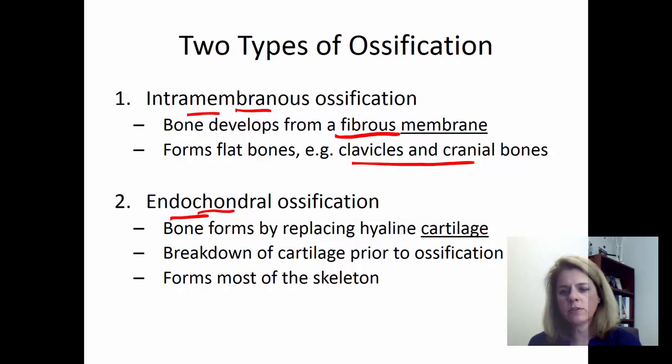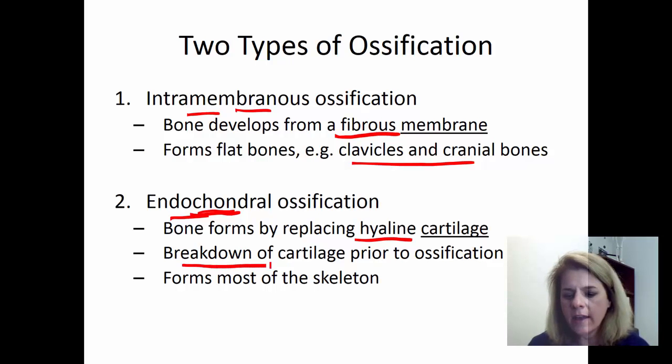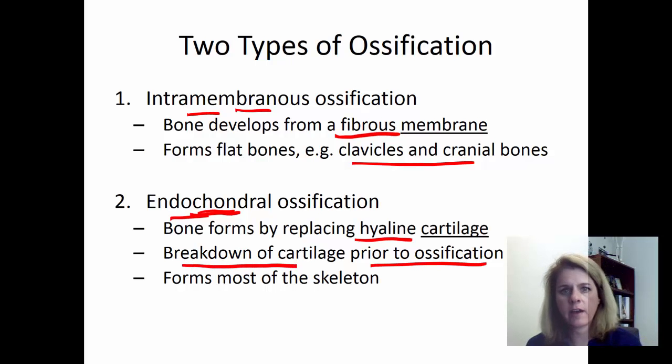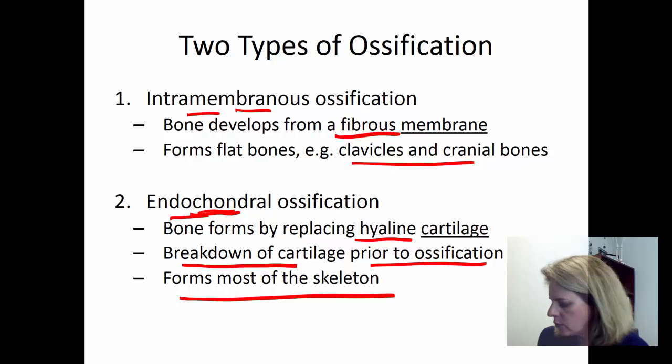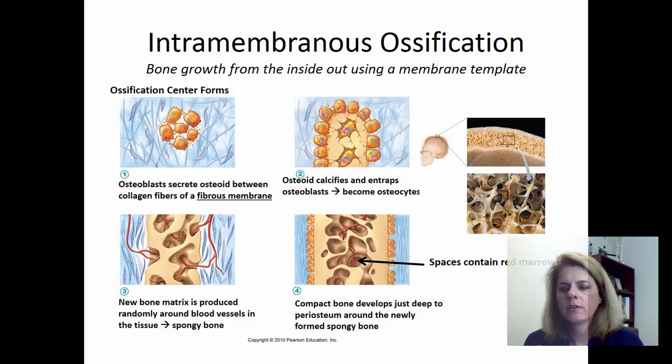So flat bones use intramembranous ossification. Endochondral ossification is where you lay down hyaline cartilage first. That's your template. Then the bone cells come in and they ossify. You're going to have to break down that cartilage, and then ossify what's left, and you're going to form bone. I'm going to show you how that works as well. Most of our skeleton is formed that way. Okay, so that's your two forms. Let's start with intramembranous ossification first.